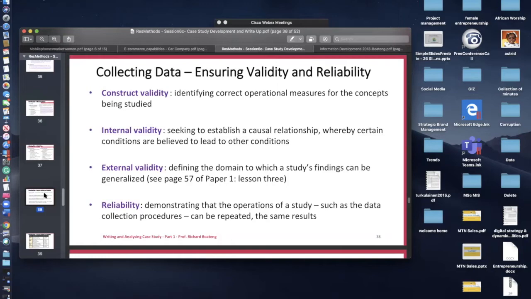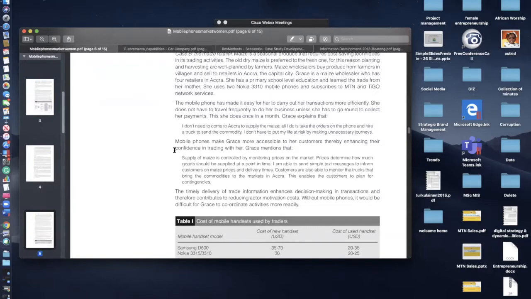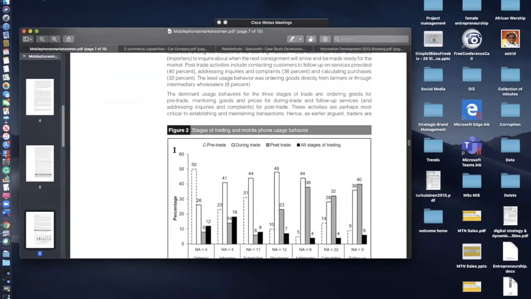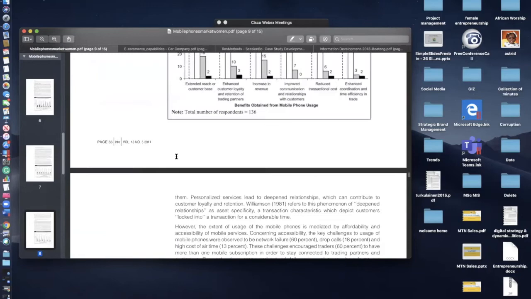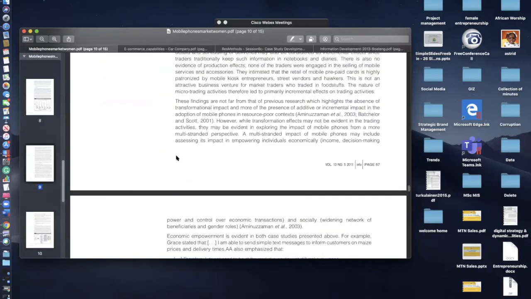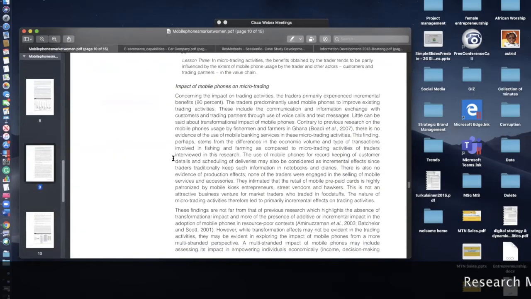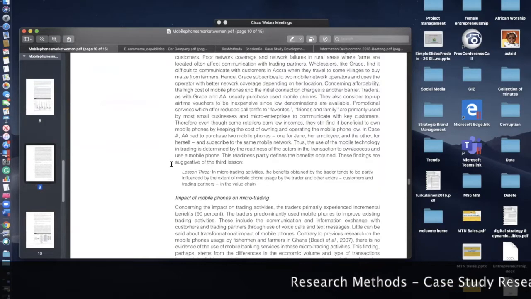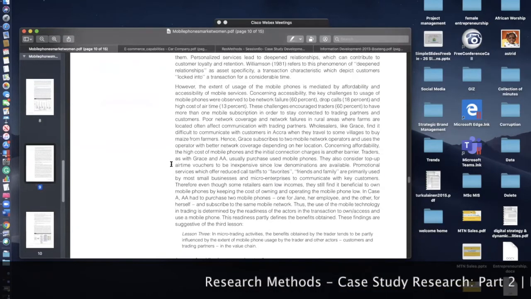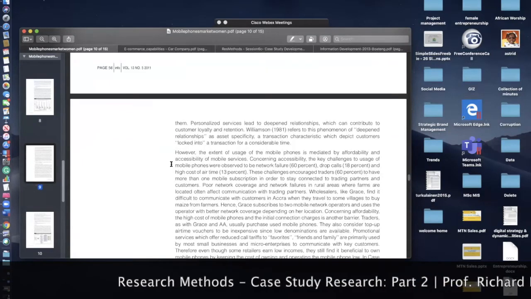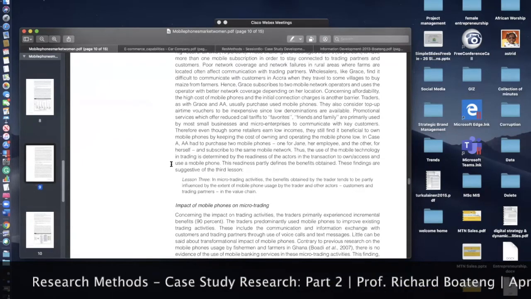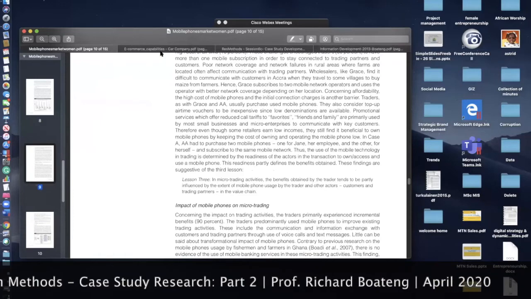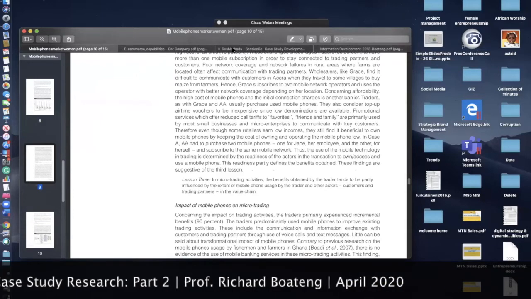Now let's look at an example on page 57 of paper one. Paper one is the one on the market women, so I think page 57. Okay, page 57 in paper one, what is this?